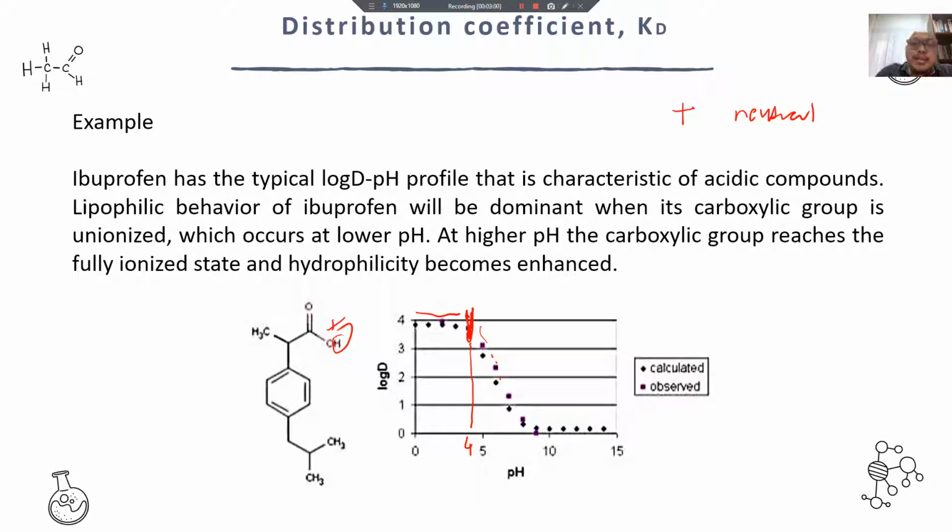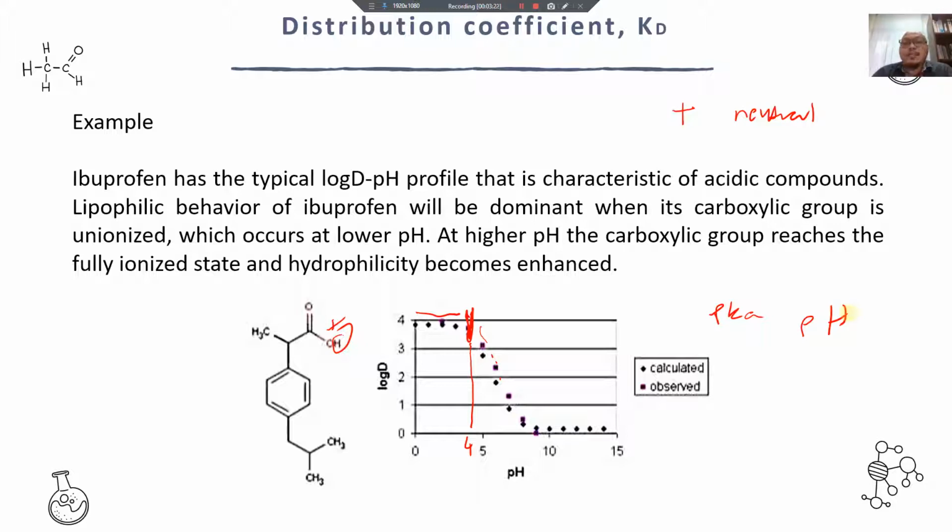I hope you still remember about pKa, whatever the pH, and how they relate to the ionization process. I don't think I need to describe that in detail. What we need to understand is that the distribution coefficient involves both the ionized and the unionized forms.